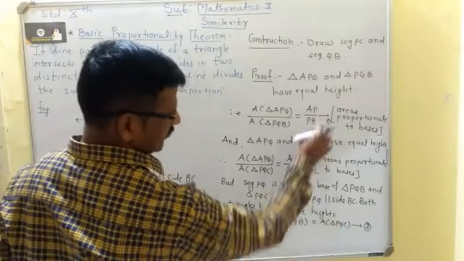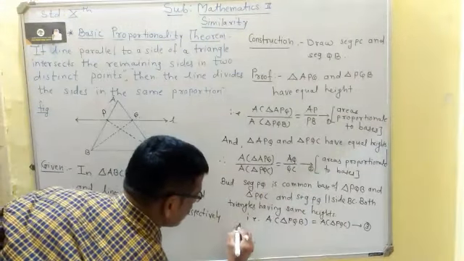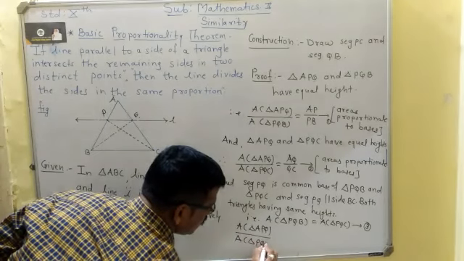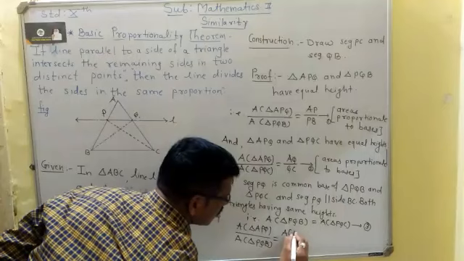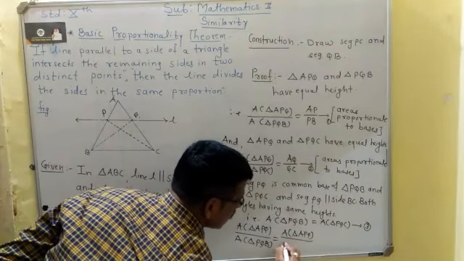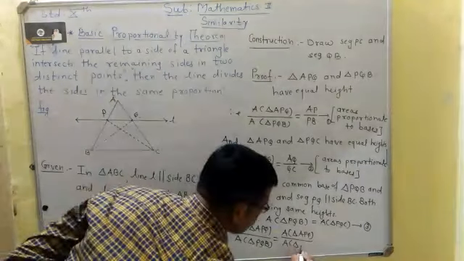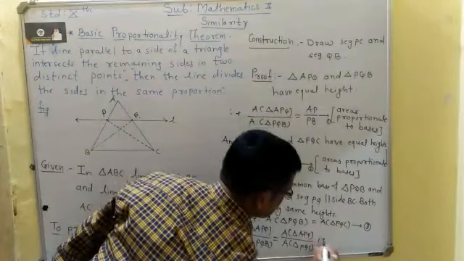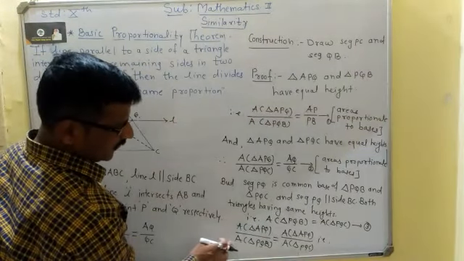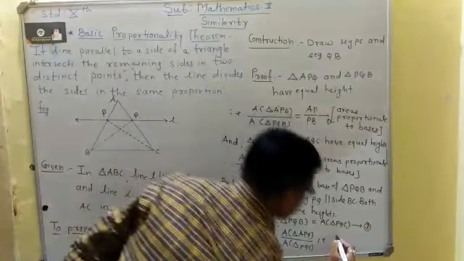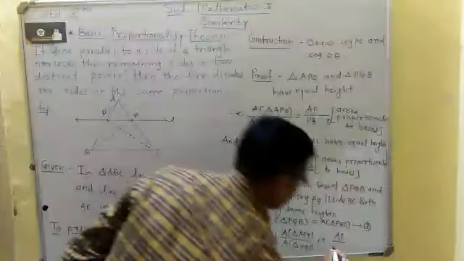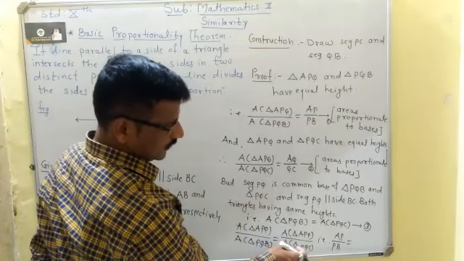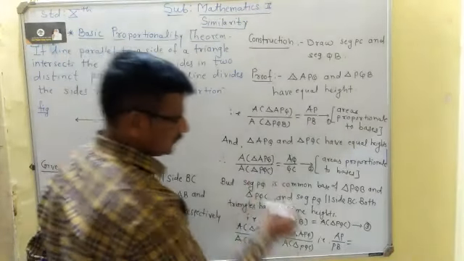Hence area of triangle APQ upon area of triangle PQB is equal to area of triangle APQ upon area of triangle PQC. We get that result. That means, from the first, AP upon PB is equal to area of triangle APQ upon area of triangle PQC, which is equal to AQ upon QC.